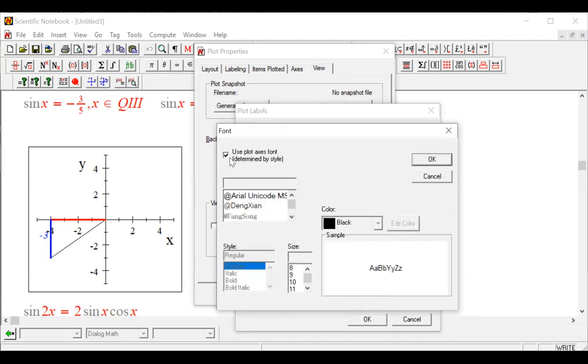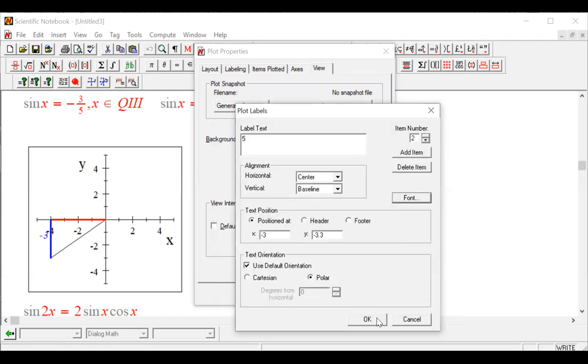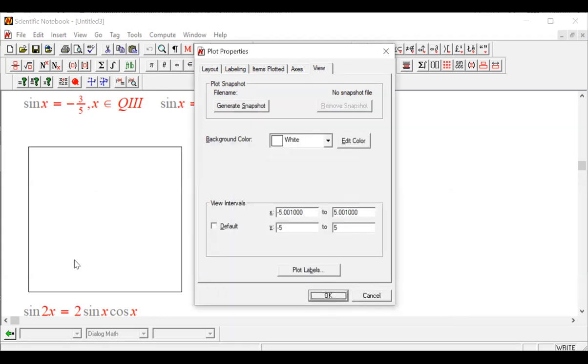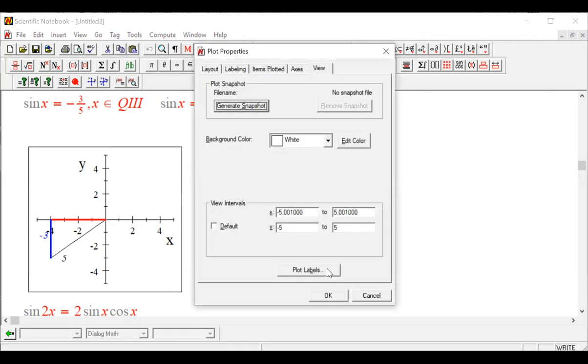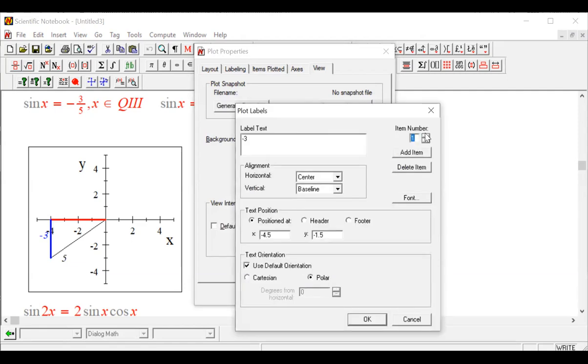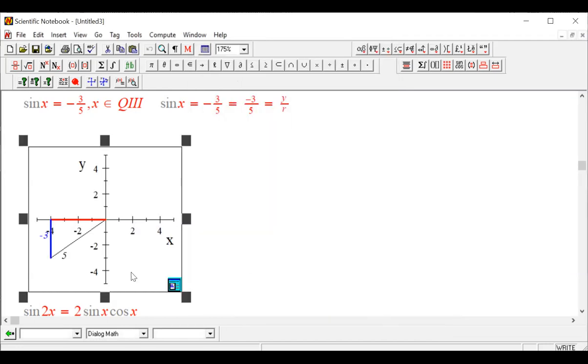The R, whatever color is fine. That's the R, that's 5. This is marking the hypotenuse is 5. It seemed to be a little bit off, so I'm going to move it a little bit. And to find the red, we assume the red is x.